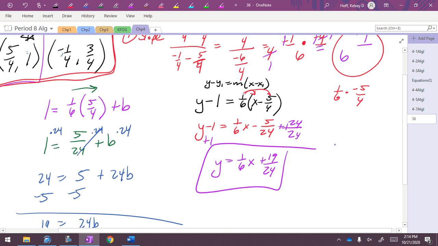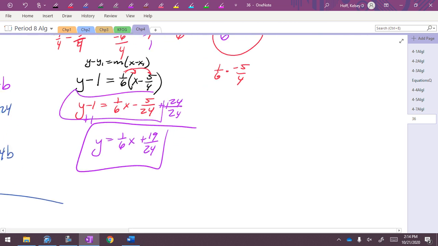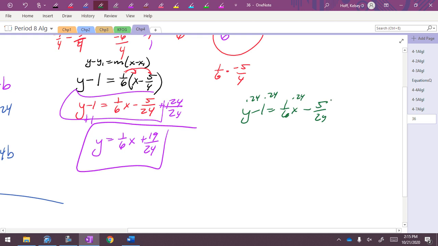That's a lot less work than the other way. Agreed? Even if you right here would have multiplied by 24. Y minus 1 equals 1/6 x minus 5/24, times 24. 24y minus 24 equals 4x minus 5.